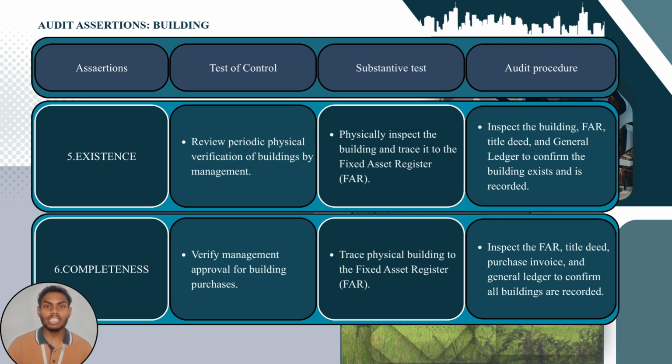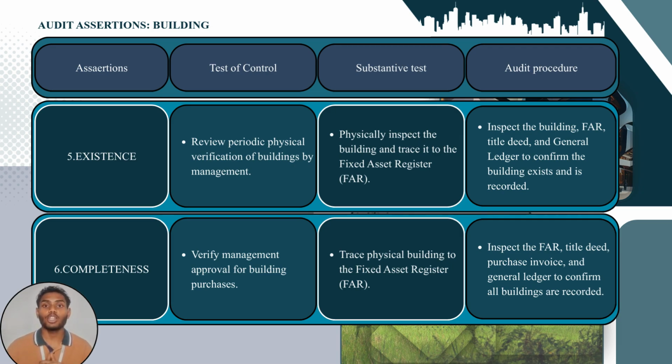Like any misstatements, it is not always intentional, it can also be without intention, like any mistakes made without any intention. So for the completeness, the auditor will verify management's approval for building purchases and trace the physical building and the fixed asset register to see whether the building exists and the documents are complete for the recordings.